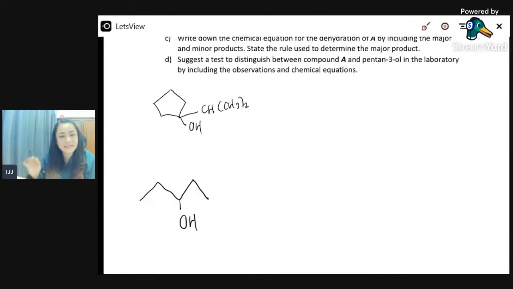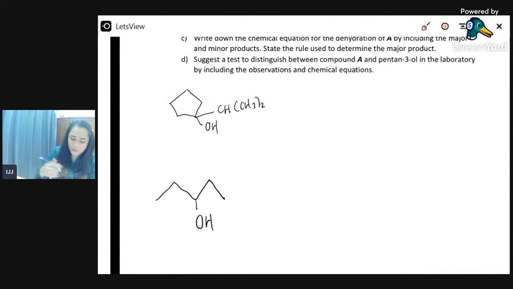Okay, so macam mana kita beza? How to differentiate between compound A and pentan 3-ol in the laboratory? So first, when you want to differentiate your alcohol, first you must identify the type of alcohol that you have. You have to classify it as primary, secondary, or tertiary alcohol, because when you differentiate them, then it's easier for you to decide which test.